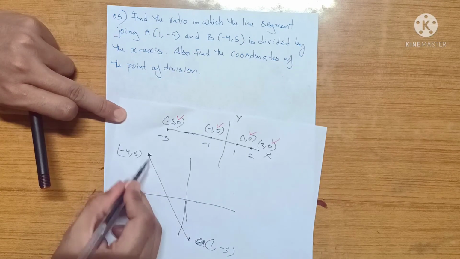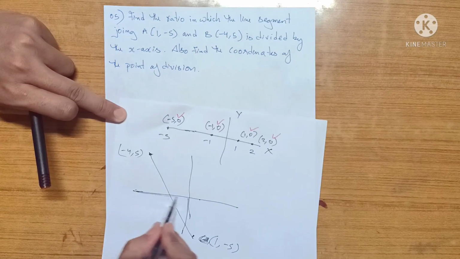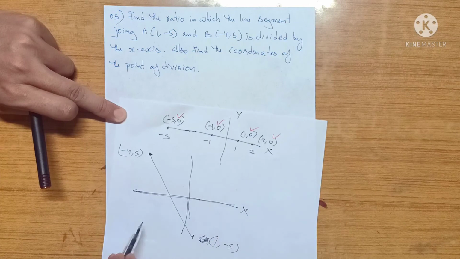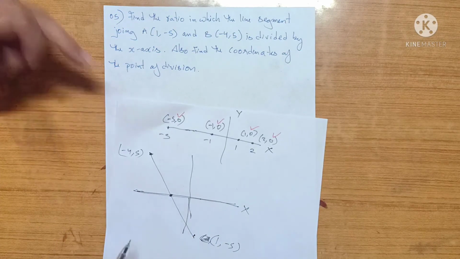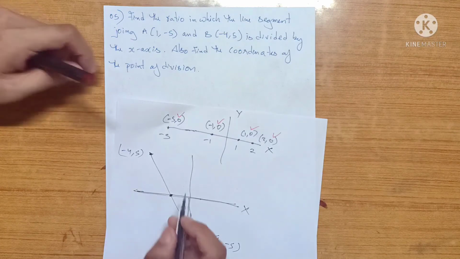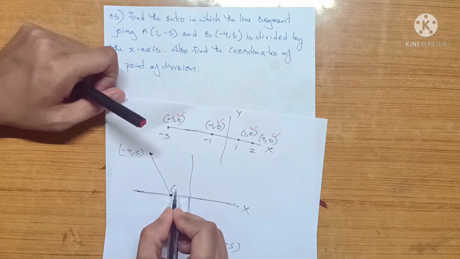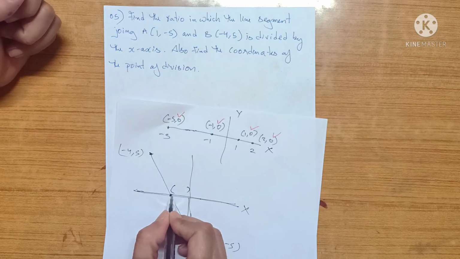And the line joining these 2 points is being divided by the x-axis, because this is the x-axis, at a particular ratio. So the point at which they intersect will have a coordinate.